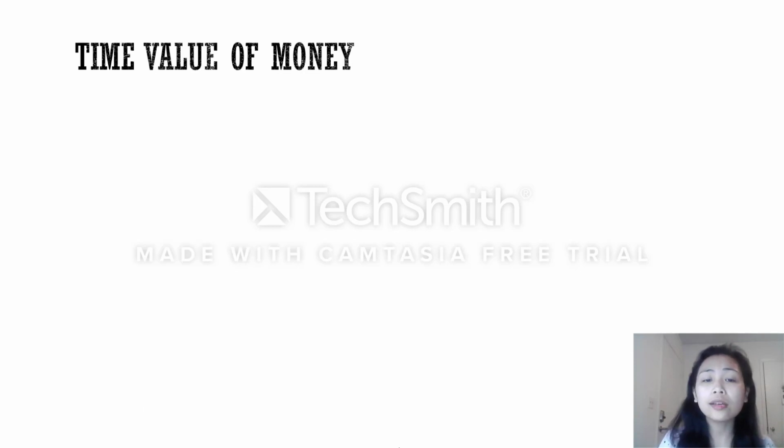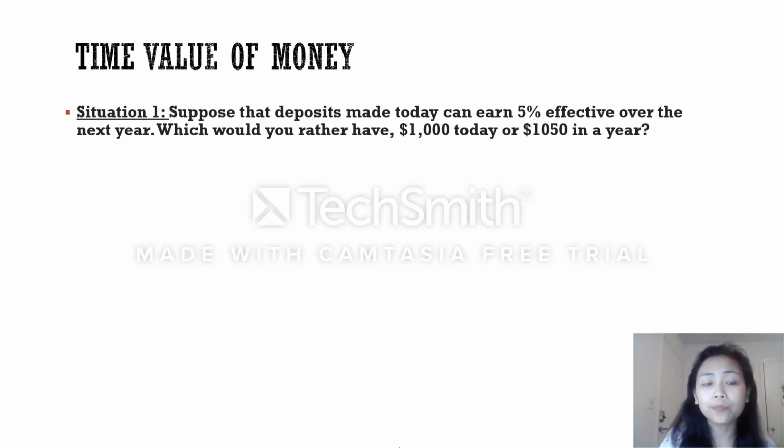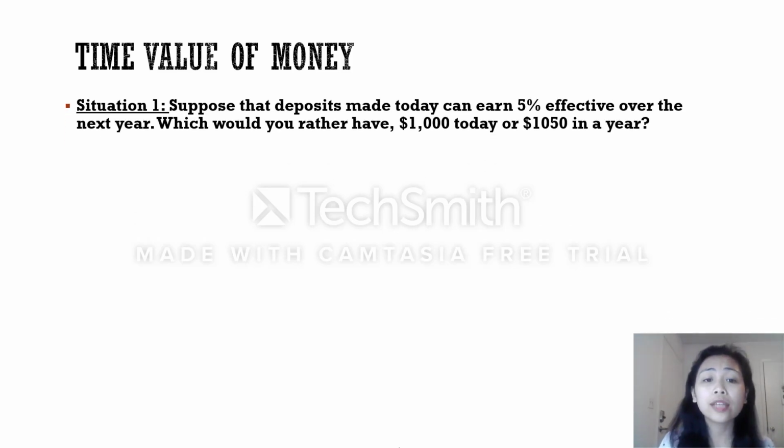Firstly, time value of money. Why does money have time value? Let's look at this example. Suppose that a deposit made today can earn a 5% effective rate over the next year. Which would you rather have, $1,000 today or $1,050 in a year?